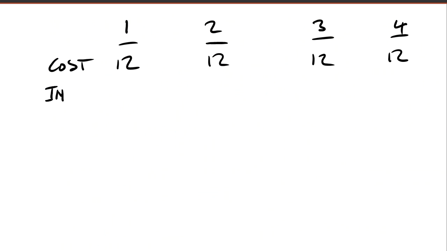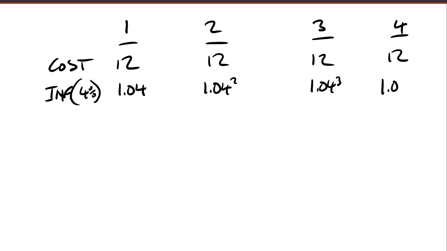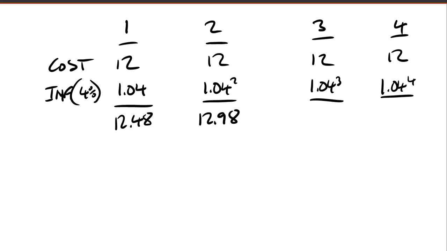So inflation 4%, 1.04, 1.04 to the power of 2, 1.04 to the power of 3, 1.04 to the power of 4. Okay, so that gives us an inflated variable cost of 12.48, 12.98, 13.50, and lastly 14.04.